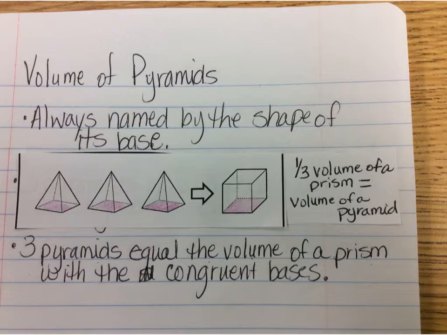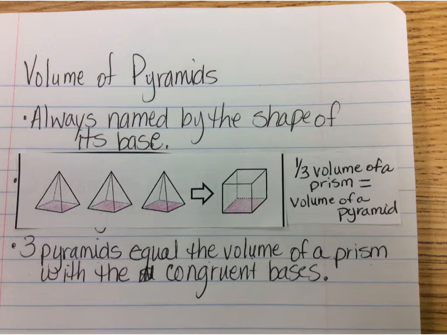And if you notice, I have put here a picture that three pyramids equal the volume of one prism. Okay, so 3 pyramids equal the volume of one prism, or the way I put it is 1/3 volume of a prism equals the volume of a pyramid.